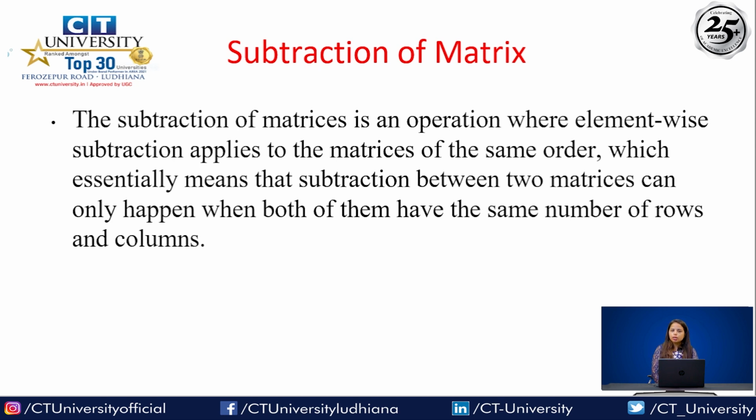The condition is the same as in the case of addition, meaning your order will be the same, which essentially means that subtraction between two matrices can only happen when both of them have the same number of rows and columns. Then you can subtract two matrices in a very simple way.